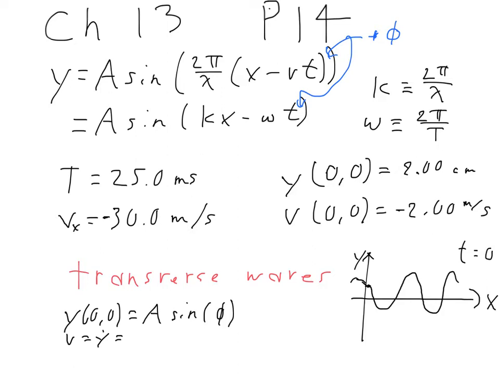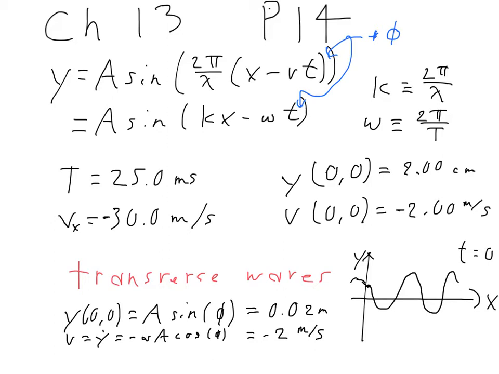So if we do that, we find that we're going to get negative omega A cosine of the phase constant. And of course, in both cases, we know what values these are. In the first case, it was 2 centimeters, or I should go with 0.02 meters to keep everything in the same units. And here the velocity then was negative 2 meters per second.